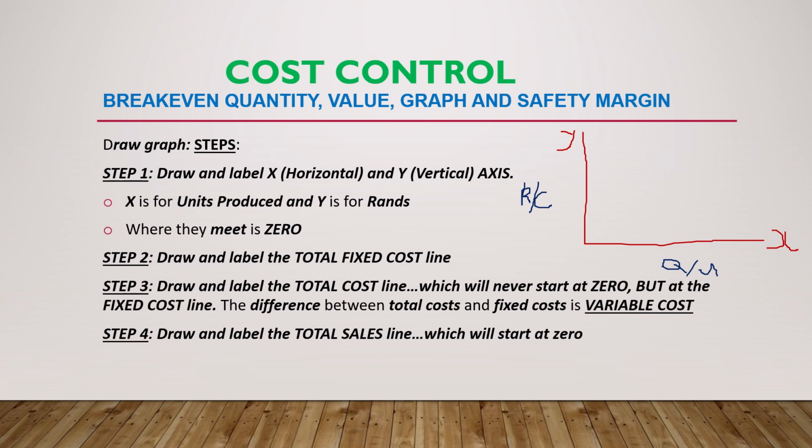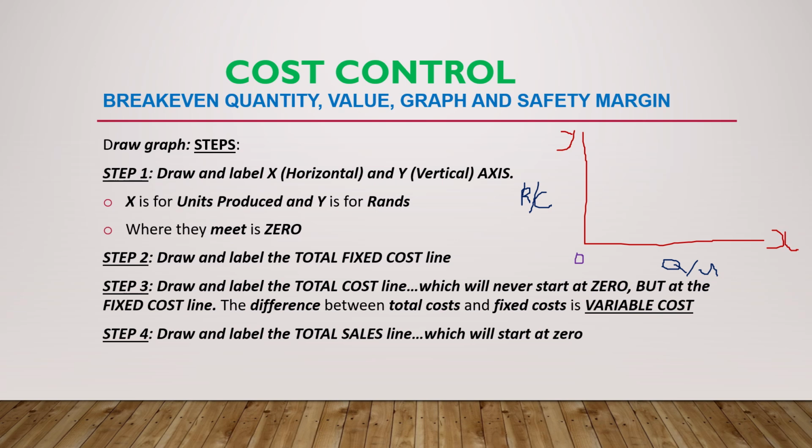And where your y-axis and x-axis meet is 0, isn't it? It's 0. So you have units this side, you have money this side. That's your first step: you draw and label your horizontal x-axis and your vertical y-axis.